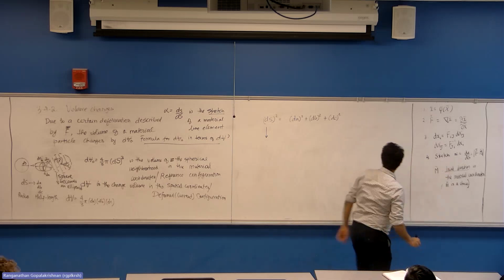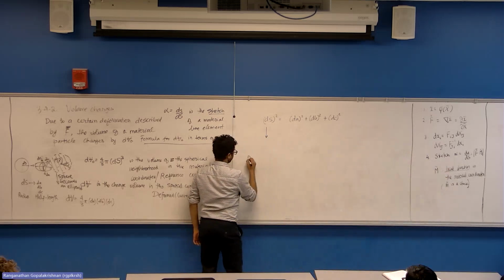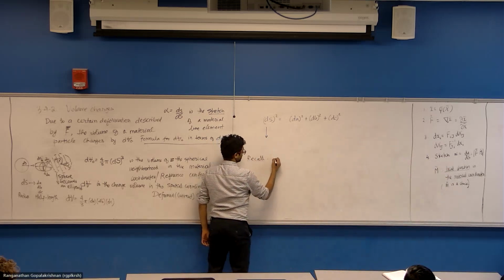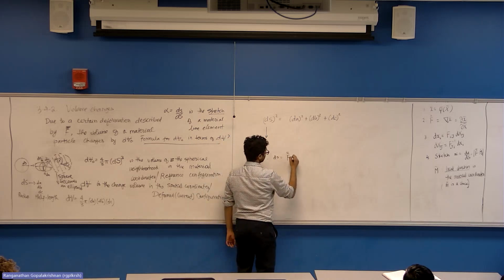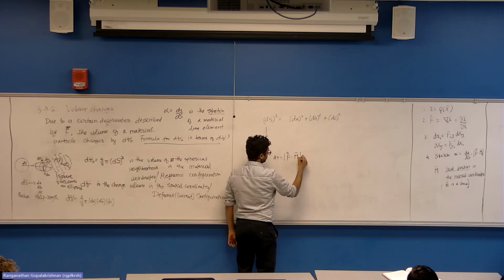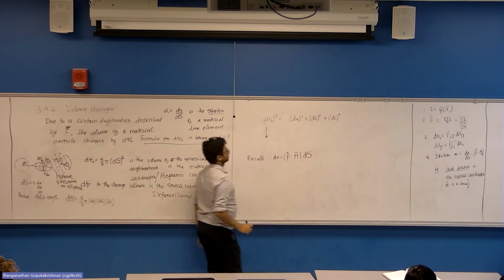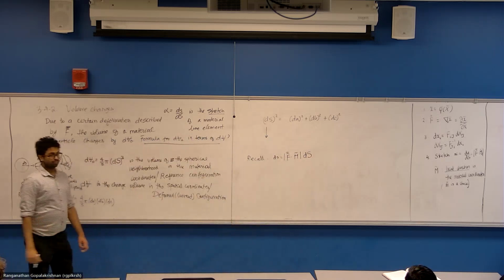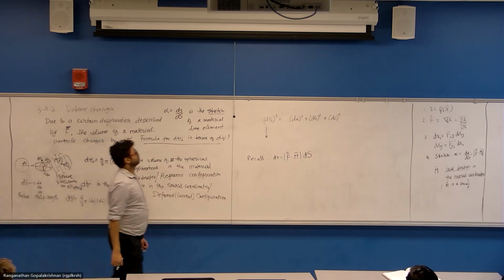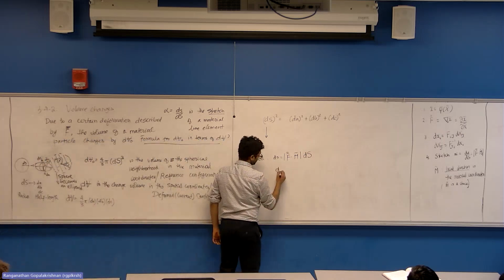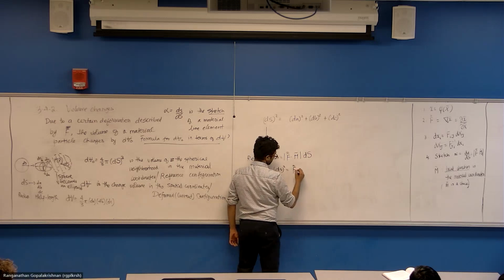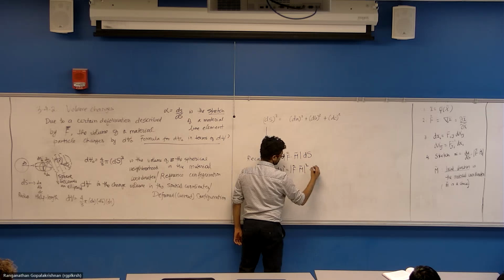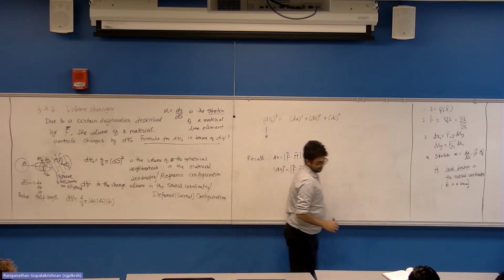Take this relationship. Recall ds is equal to F dot M ds. So if I want ds squared, this is equal to F dot M squared ds squared.